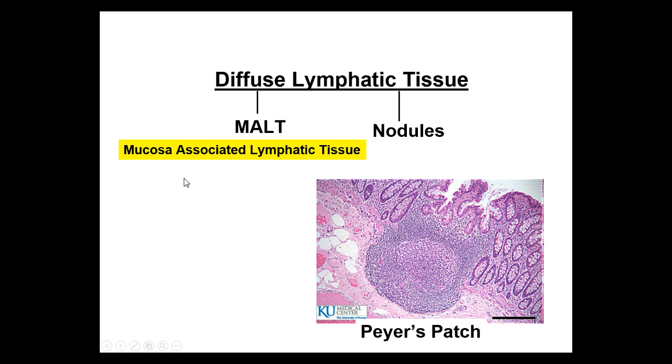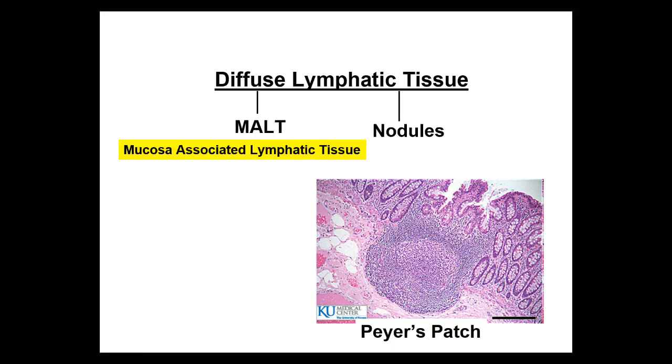Literally what we're talking about is just under the mucosa. So we know that mucosa is what? The epithelium, right? Just under the epithelium there's going to be a connective tissue layer that contains a lot of scattered lymphocytes and macrophages, because we said lymphatic cells are the macrophages and the lymphocytes.